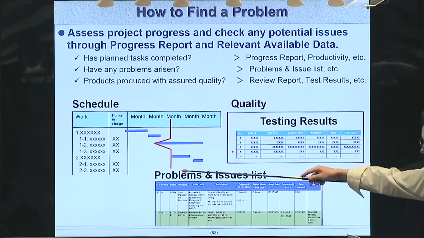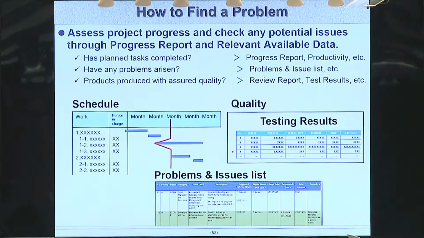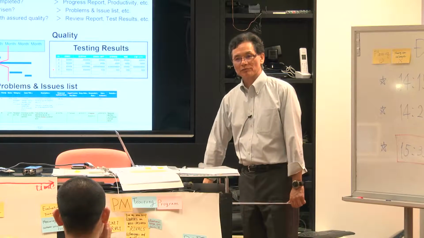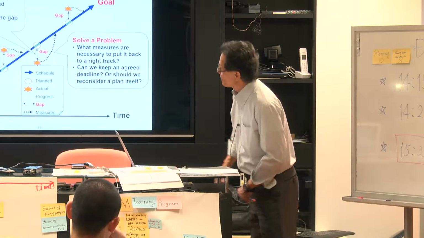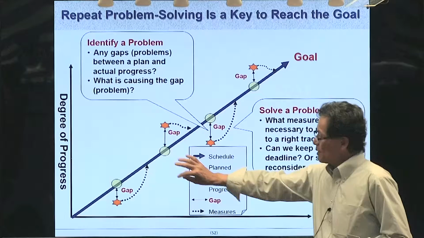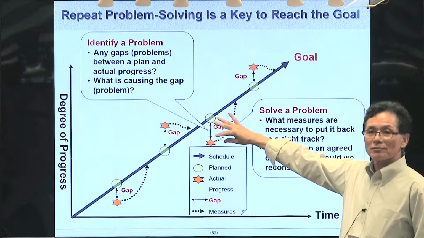Every week, if number of problems would grow and resolution speed is lower than increasing, you can guess what will happen. That means many problems on your project path.